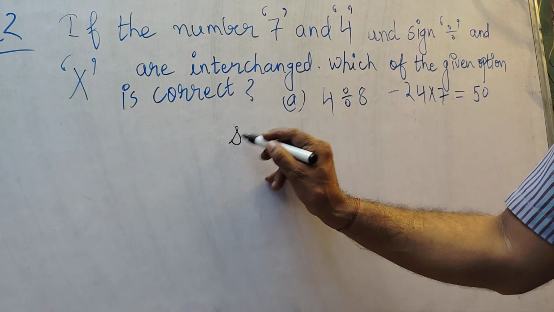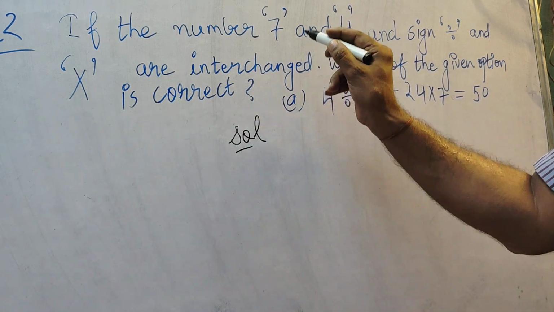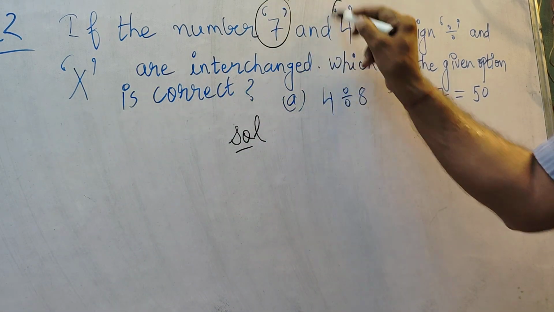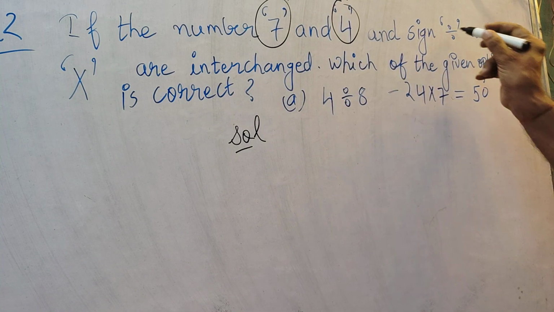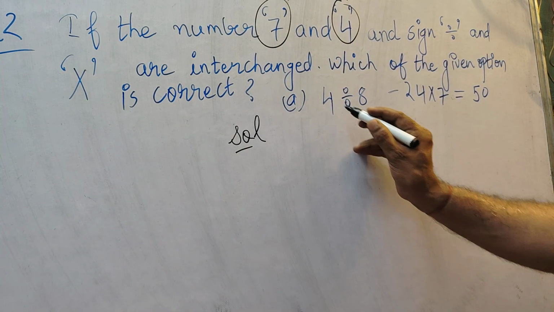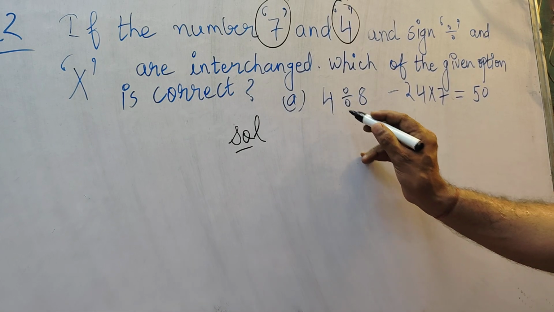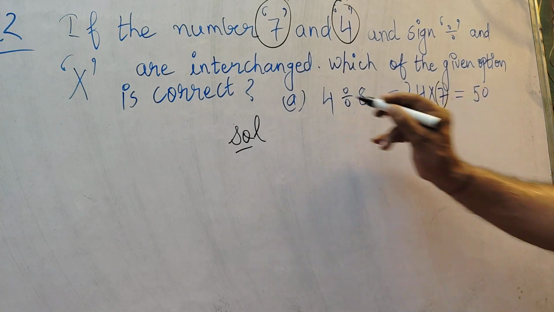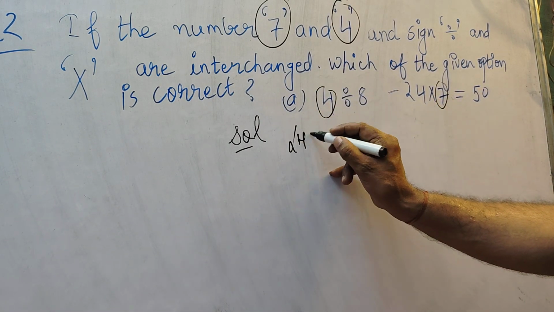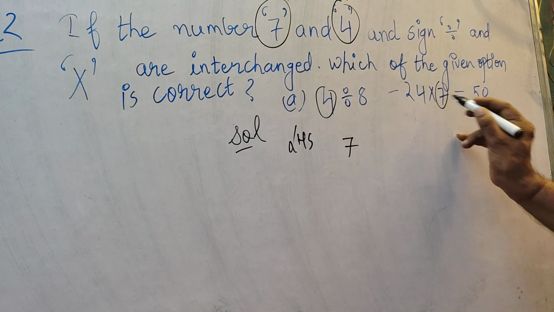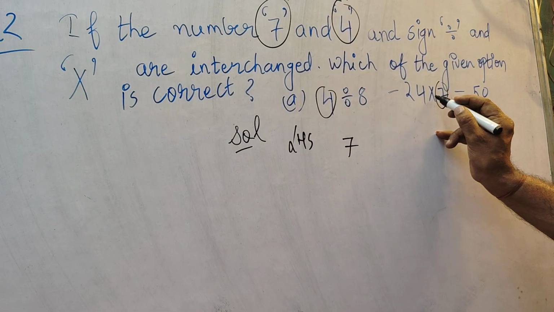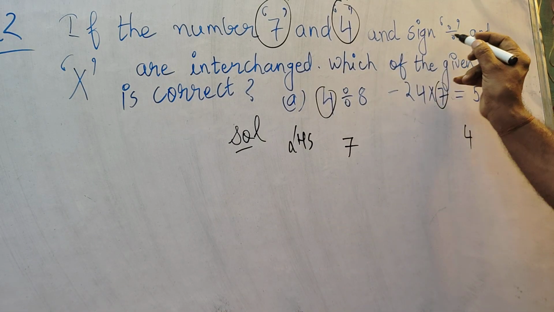So in the solution there are two interchanges: 7 and 4 are interchanged first, and then the signs divide and multiply. So there is 4 and 7, we interchange. So here is 7, here is 4. So the left hand side we are solving. So here we write 7, in the last we write 4, and interchange the signs divide and multiply.